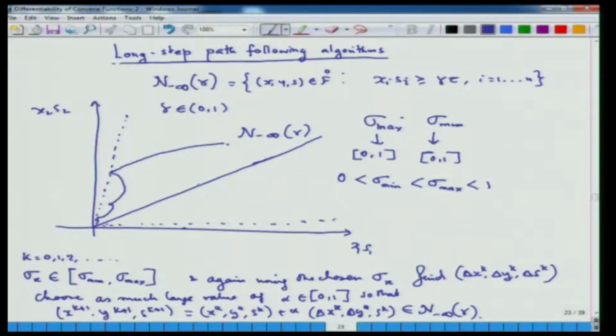Find the largest alpha for which this holds, and then this particular vector is called x k plus 1, y k plus 1, s k plus 1.